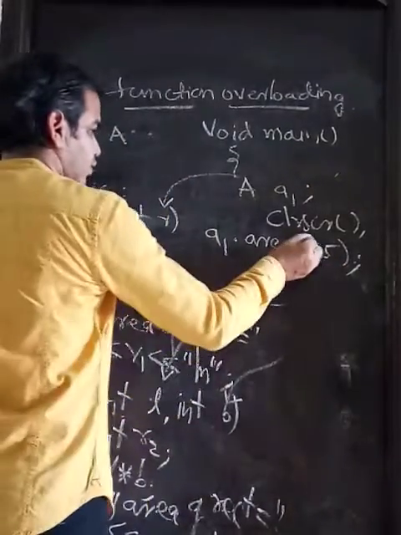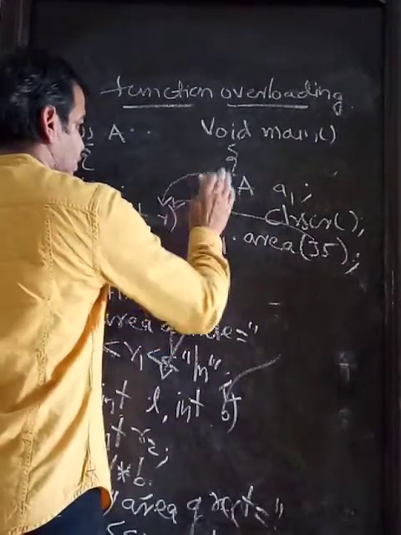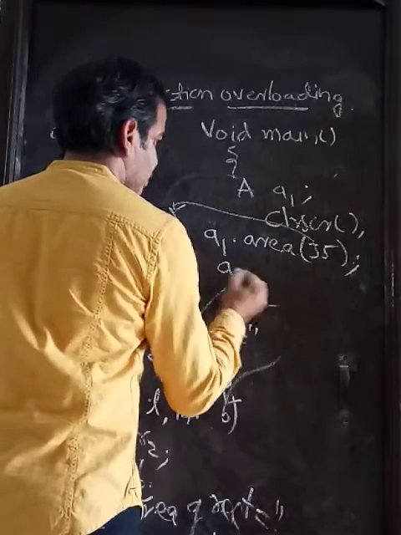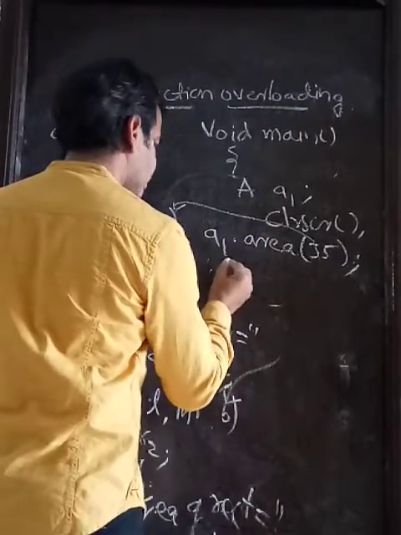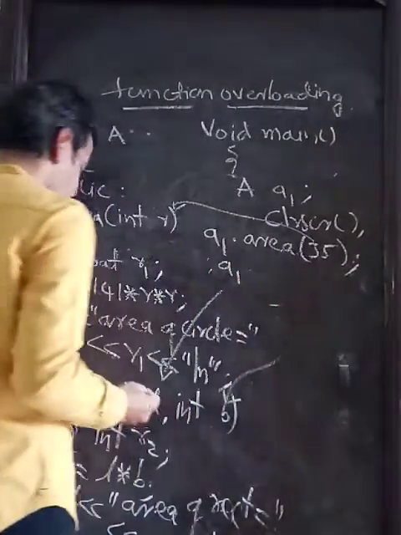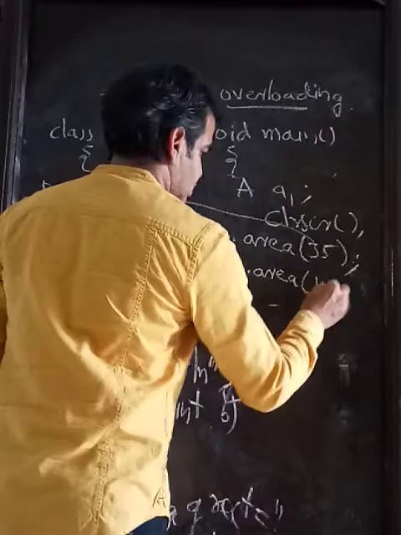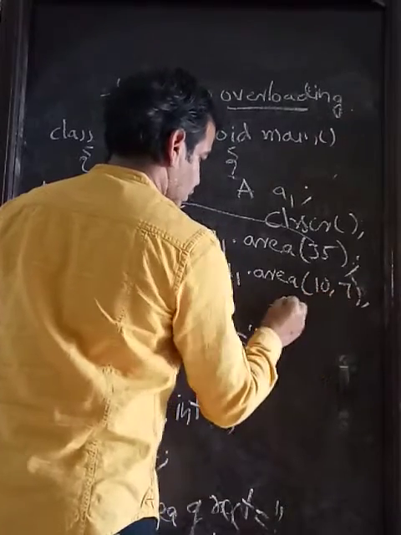So the 35 value will be received here. Then with the A1 object I am calling area of 10, 7, then getch.